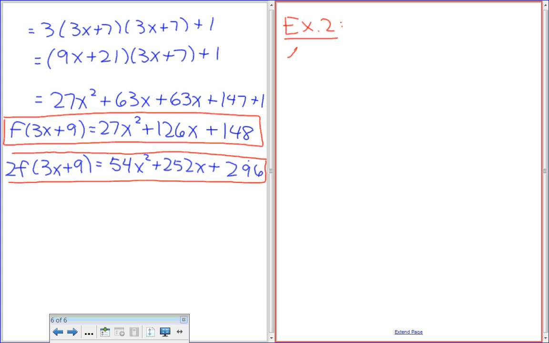And please put a star beside this, which will be on your test and on your assignment and everything else. So we'll say a function f of x has these properties.